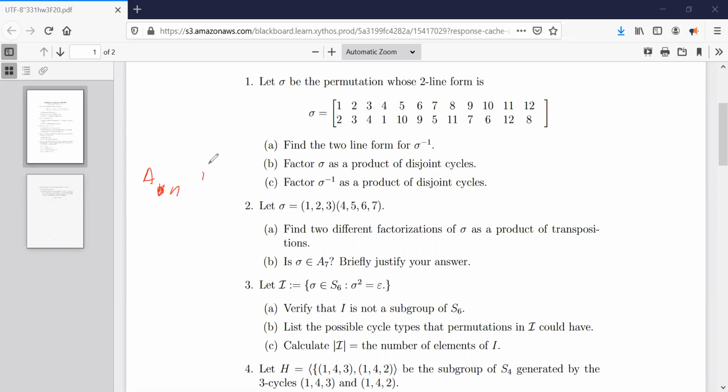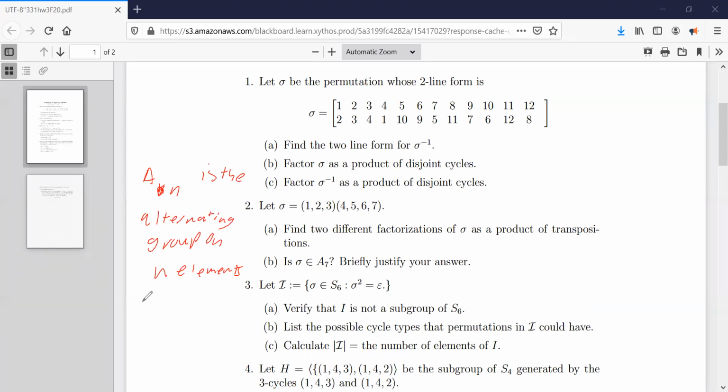AN is the alternating group on n elements. So what does it mean for the alternating group?